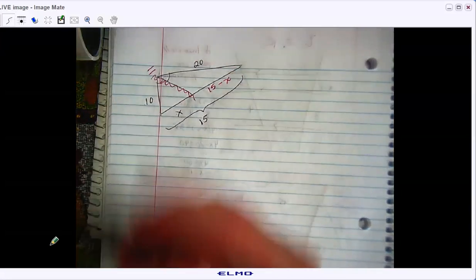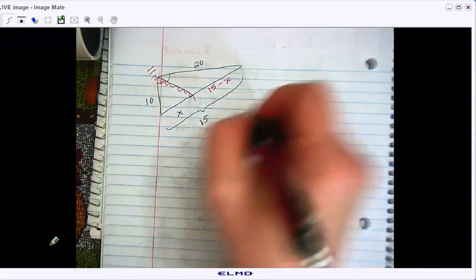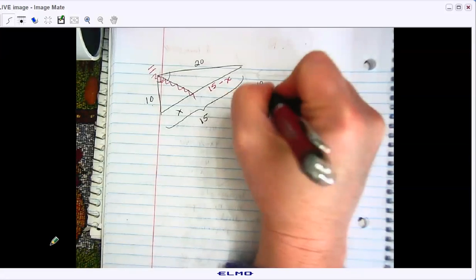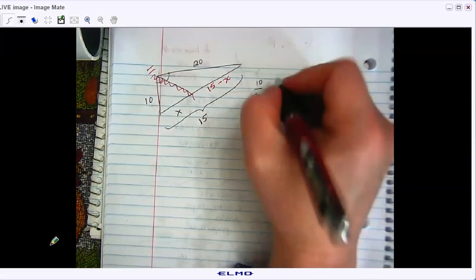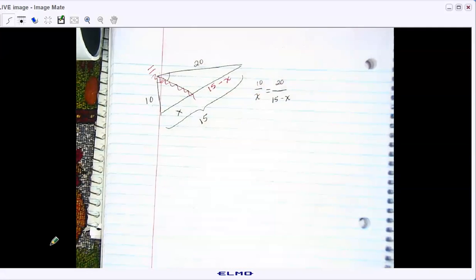So don't stress. I'm just going to do one triangle over the other, or one triangle equals the other. So we would have 10 over x is equal to 20 over 15 minus x.